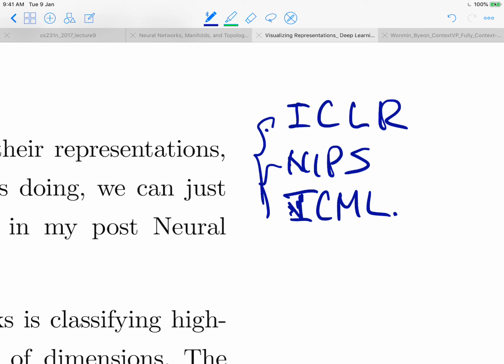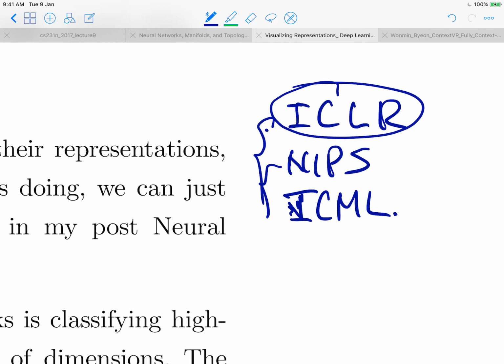These two have been around for several decades, at least 10 to 20 years, I think. But ICLR started just maybe 5 or 6 years ago. So it is a really new conference, but it quickly became the most prestigious conference within this domain.